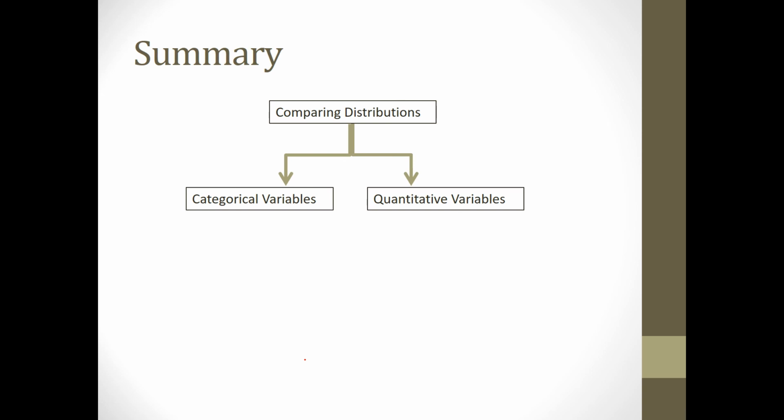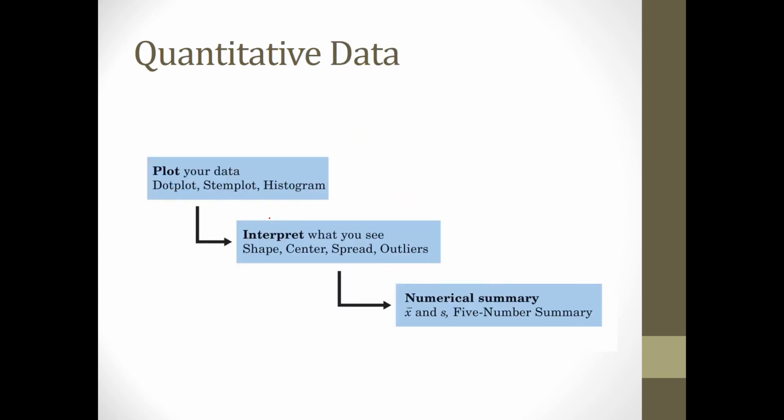So, comparing distributions. If I have a categorical variable versus a quantitative variable, remember a categorical variable is when my variables are words or numbers that can't be averaged, and a quantitative variable is a number that can be averaged. In your quantitative data, you're going to plot either a dot plot, stem plot, or a histogram, and you're going to interpret what you see.